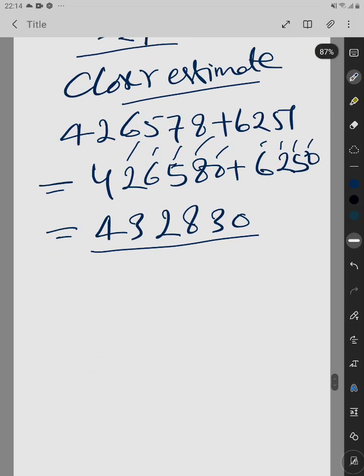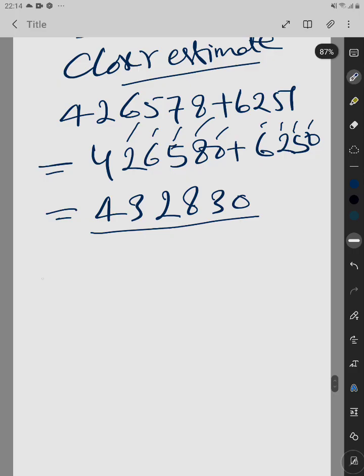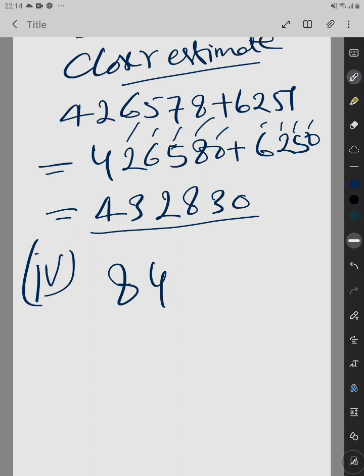Now let's take the fourth example, because we need to take 4. So we'll take some subtraction. Let's take a 3-digit number, 842 minus 165. Okay, very simple one.